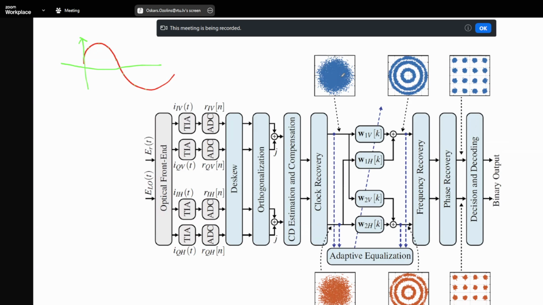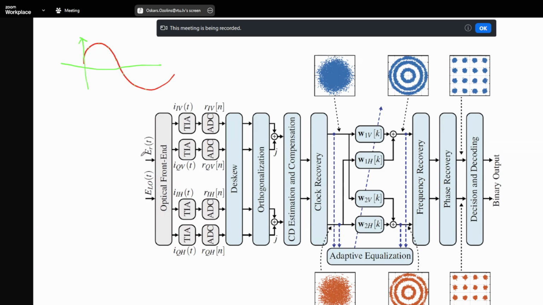Even if the chromatic dispersion is compensated and clock recovery is done, we still have some bandwidth limitation in the system, so we get something like a noise-like signal, even though it's already in an inner circle, so it's not like a square with just noise. So there is some signal.